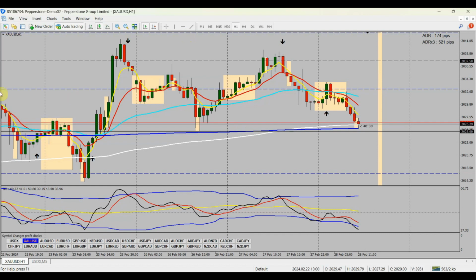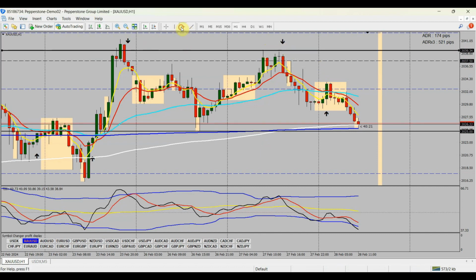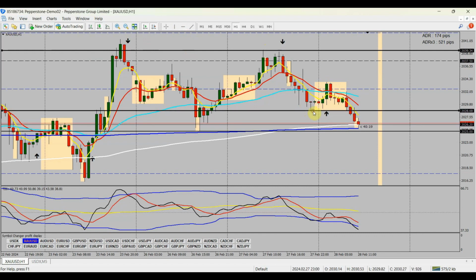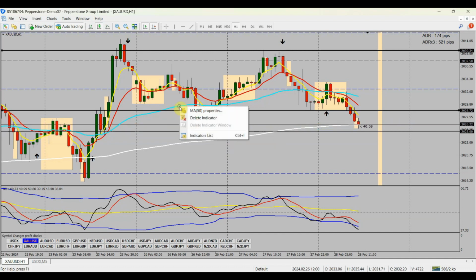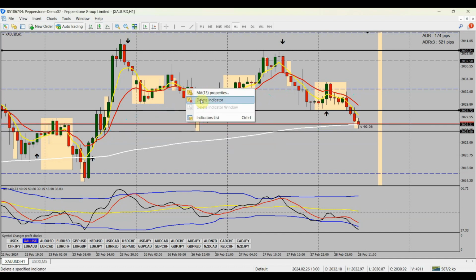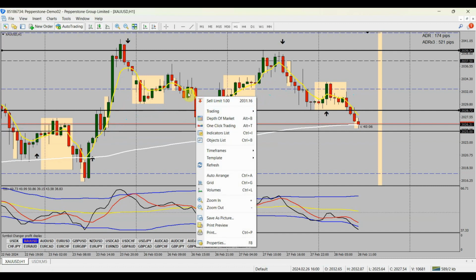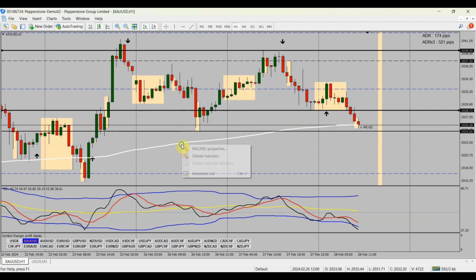Let us look at that. So on this particular day, this is the high of the day. We're looking at the 27th, and this would be the low of the day, meaning this is the highest point that price went to for this day, and this is the lowest point that price went to for this day. Let me remove my EMAs so that you can see a bit more clearly.